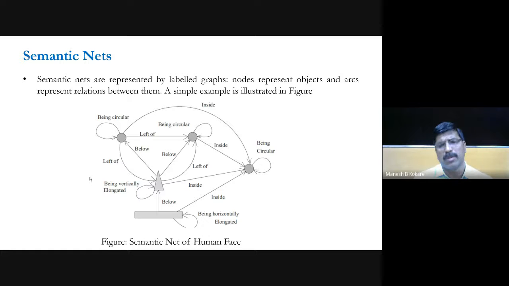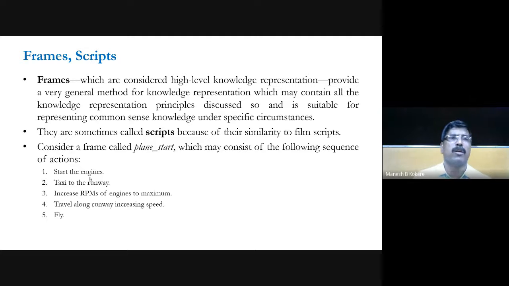I talked about the semantic net of a human face, and then after that I talked about frames and scripts. Frames or scripts are a higher level representation which provides a very general method for knowledge representation, and they contain all those methods which were discussed, whether it is predicate logic, production rules or semantic nets.